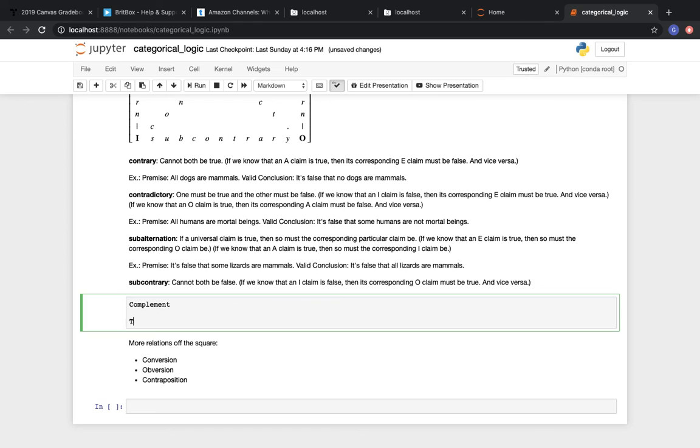Basically, the idea is this. The complement of a category is, I'll just put it like this for now, everything else. Okay? So the idea is, if I have some category like fish, then the complement of the fish category would be non-fish.